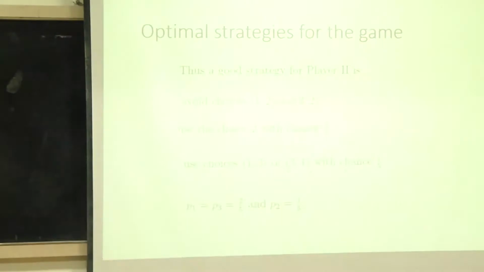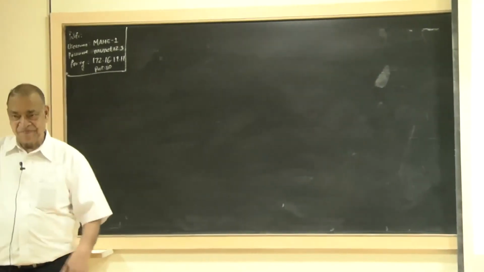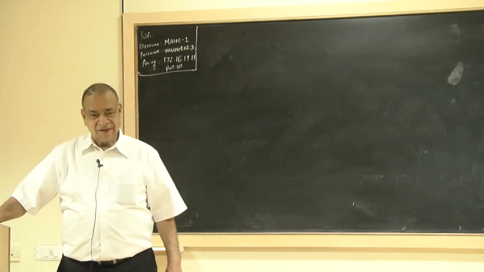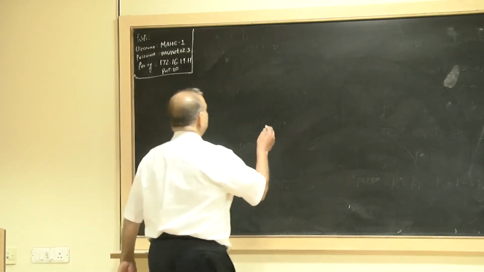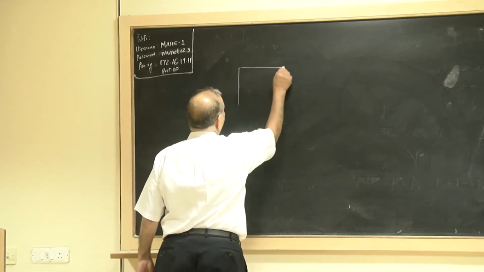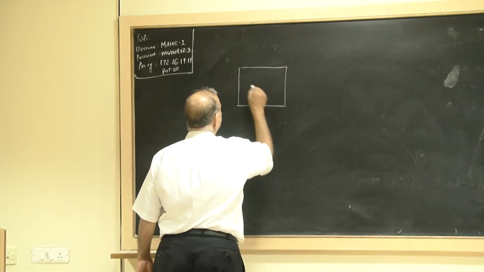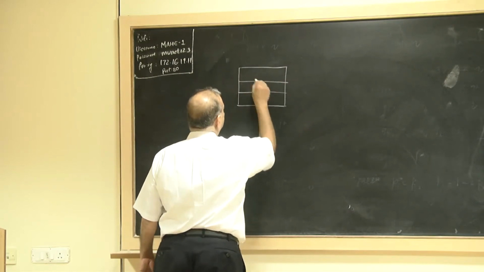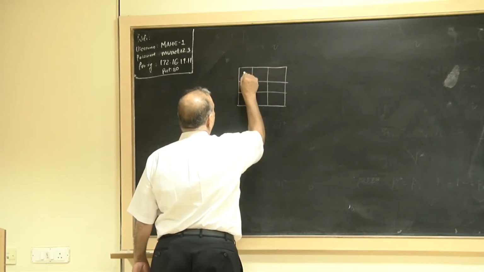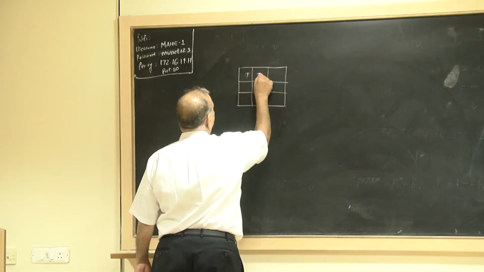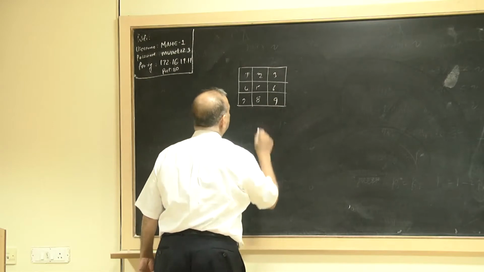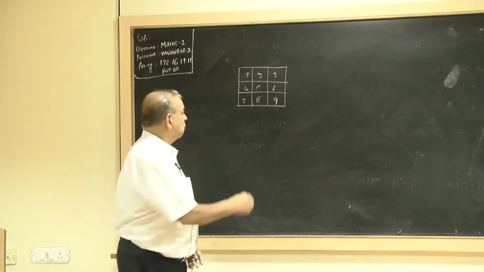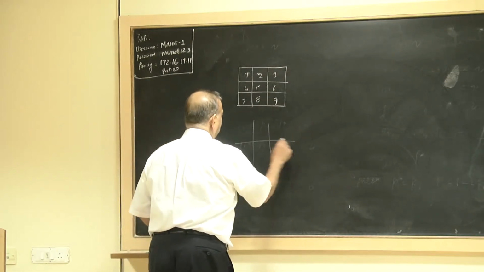A game consists of a bunch of rules and moves. Let us take a very simple game, the so-called tic-tac-toe.